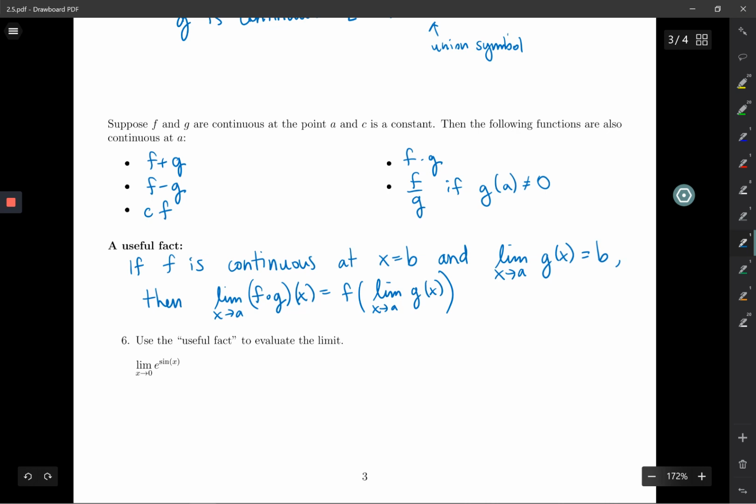Okay, so this means that we can pull the limit inside of f, right? And take the limit of g and then evaluate f at that limit.